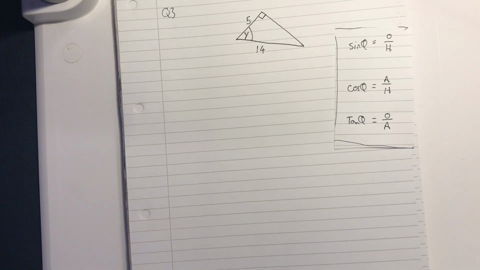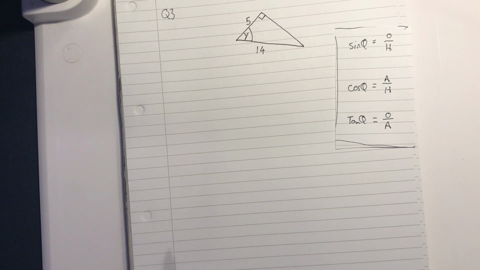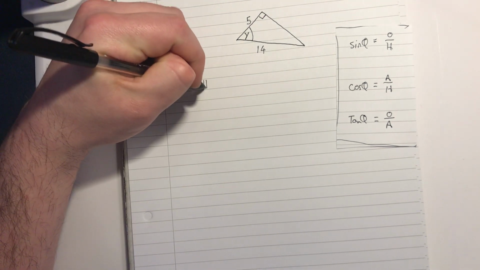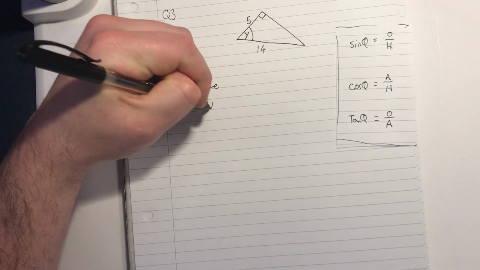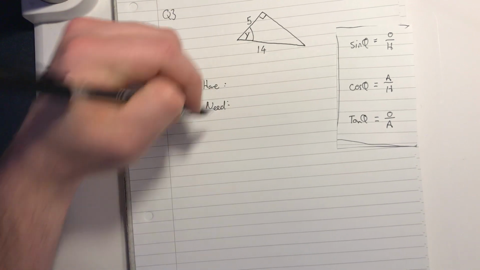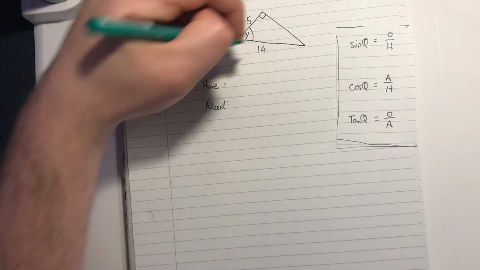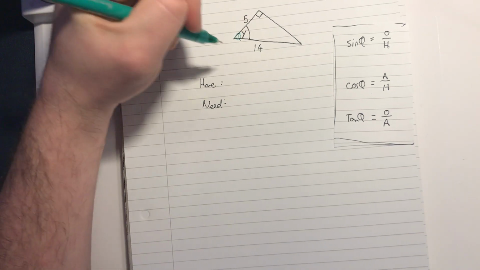Okay, so this question is slightly different because we have to find an angle. And the first angle we have to find is the angle y. So again, we write out what we have, what we need. And that means we need to label up our sides. So we always call the angle theta.